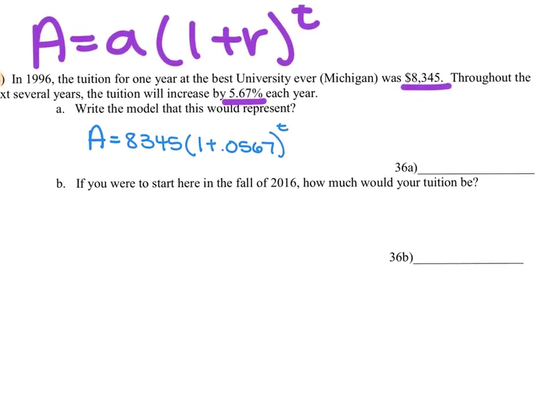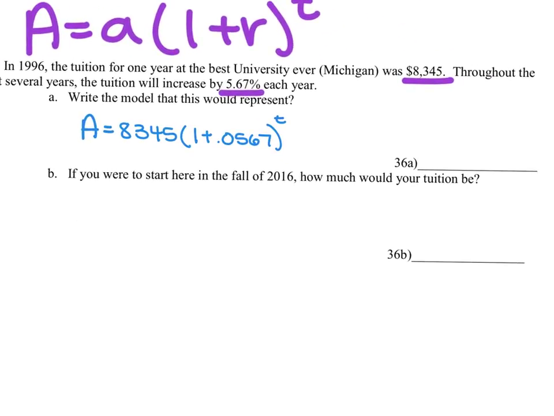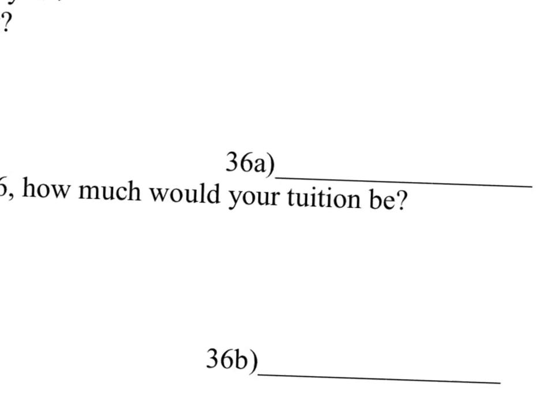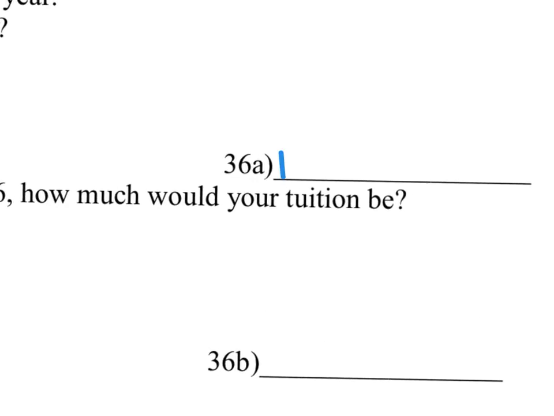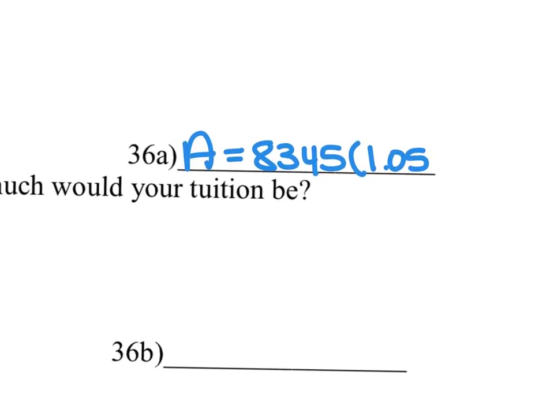Combine, and we got our equation. So that's A equals 8,345 times 1.0567 to the t.